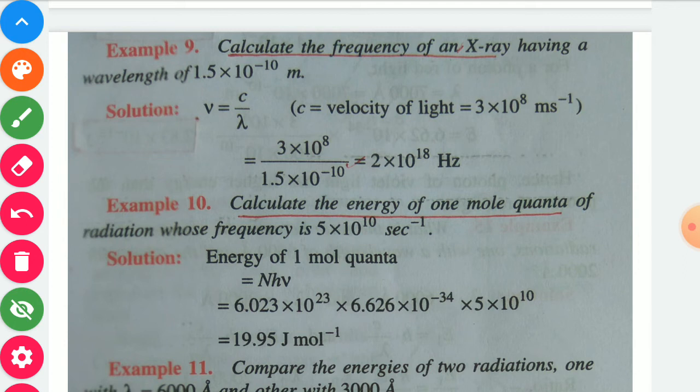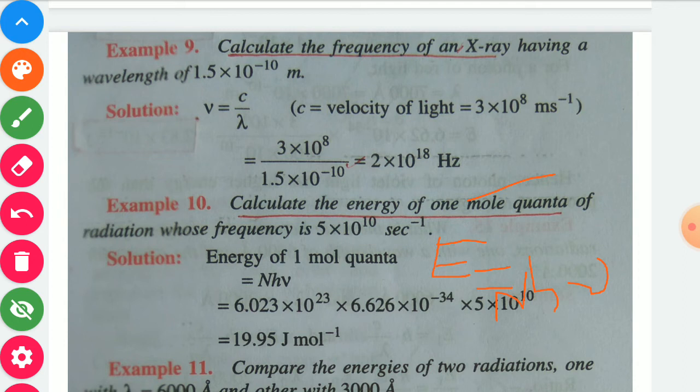So 1 mole is 1 Avogadro number, that is 6.023 into 10 power 23. We know that the energy for one particle is equal to h nu, but for 1 mole it will be N h nu. N is the Avogadro number for 1 mole.